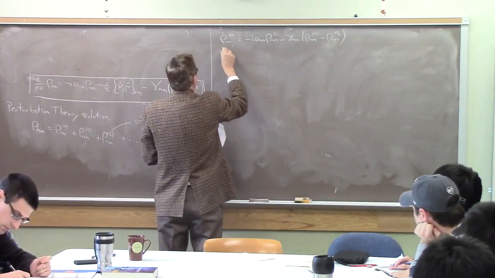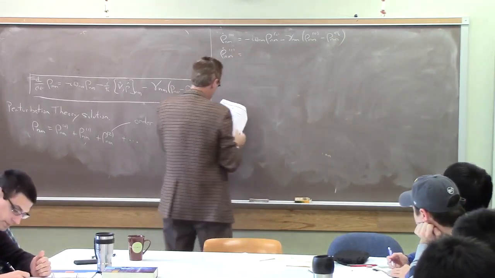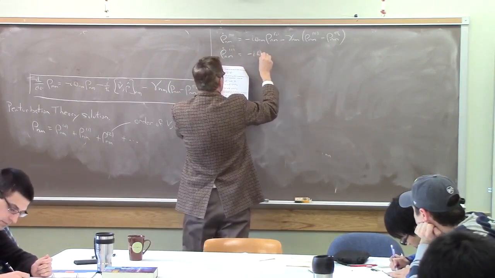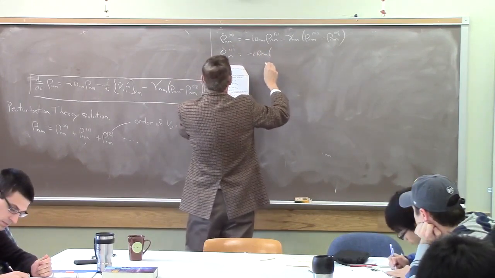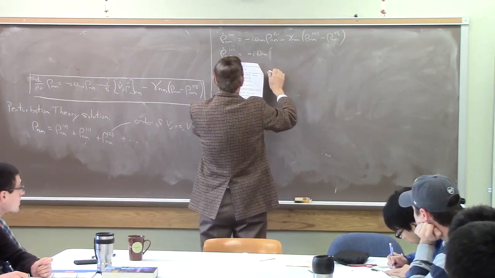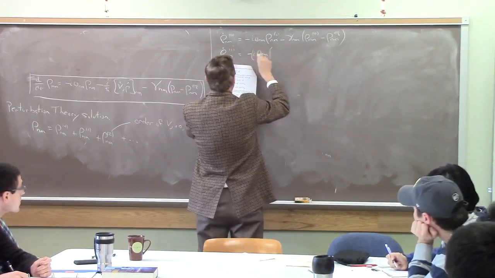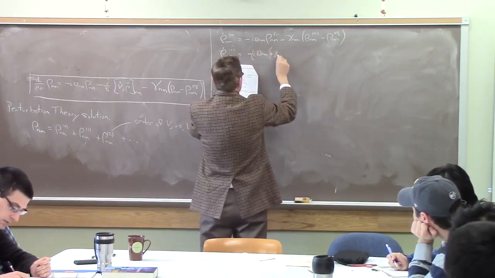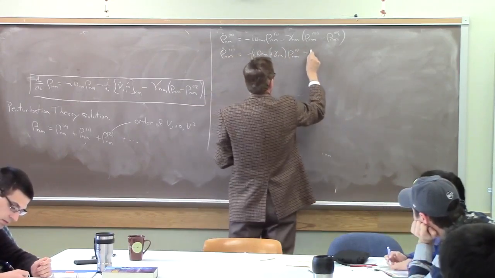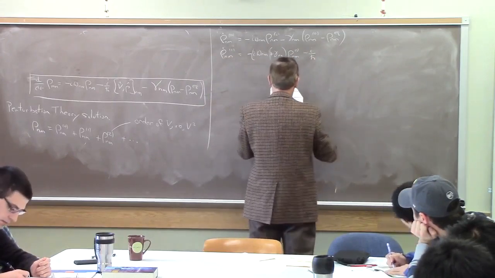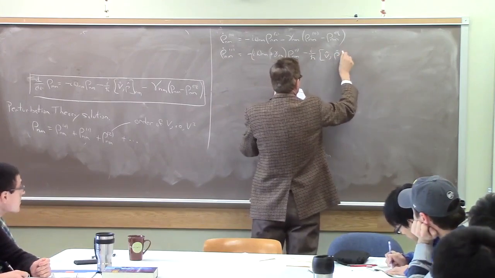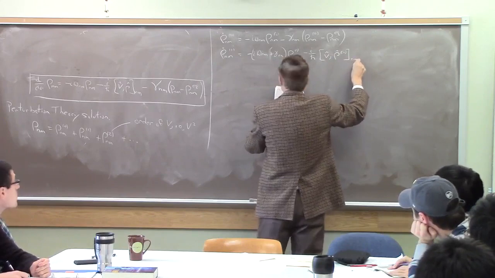Rho n m dot, the first order correction, is minus (i omega n m plus gamma n m) rho n m 1 minus i over h bar V rho 0 n m.